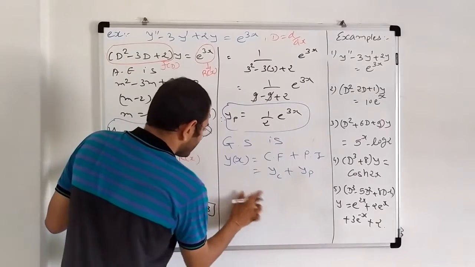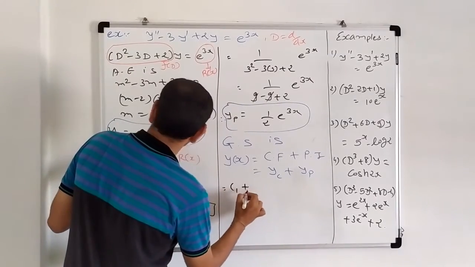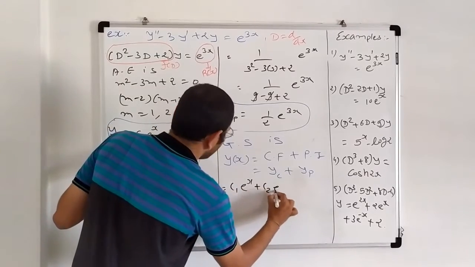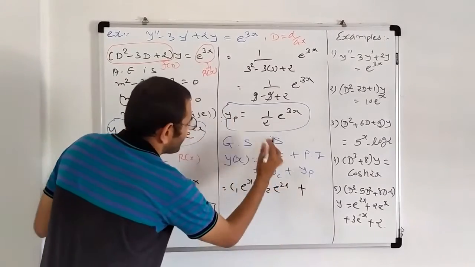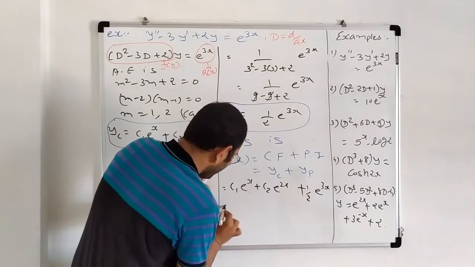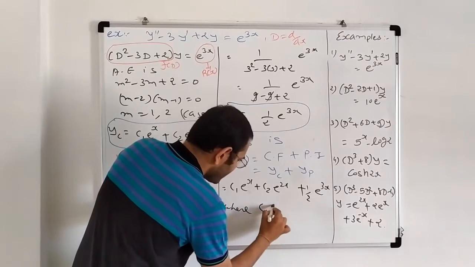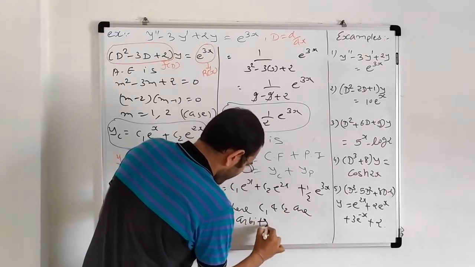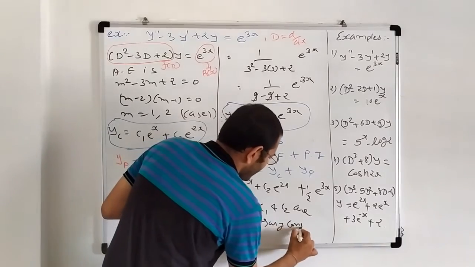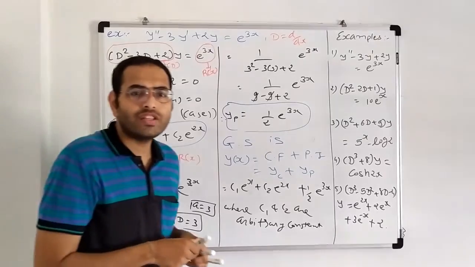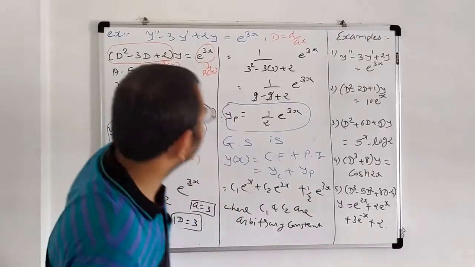YC is c1 e raised to x plus c2 e raised to 2x, plus YP which is 1 by 2 e raised to 3x, where c1 and c2 are arbitrary constants. Let us understand one more example.